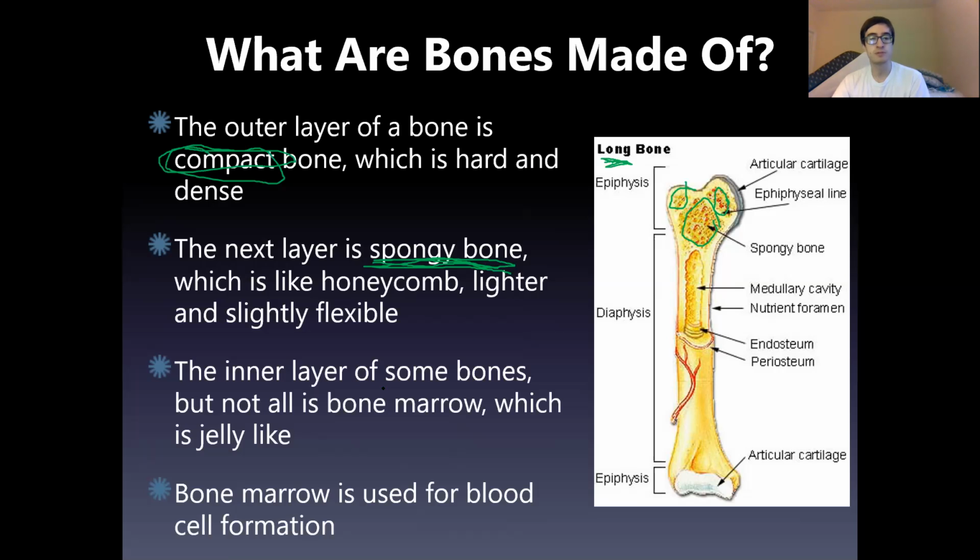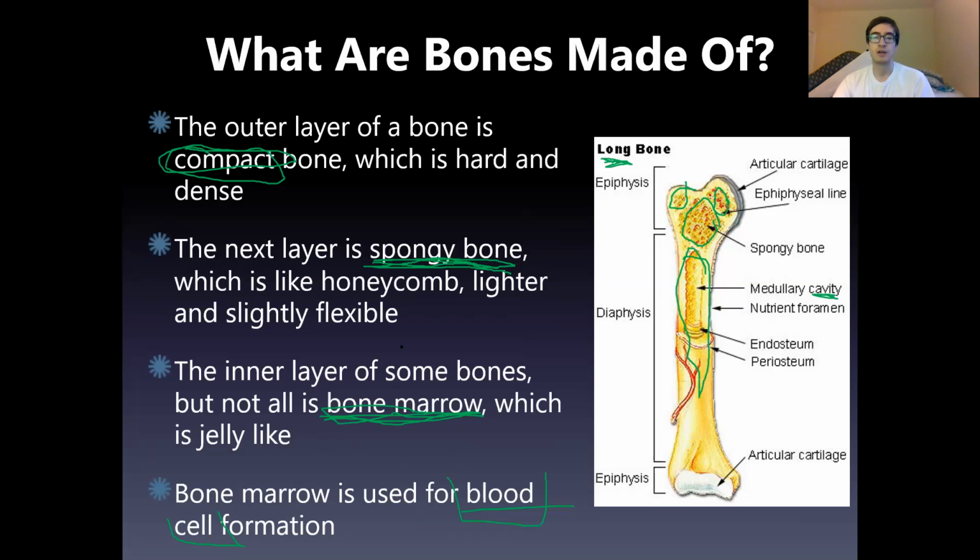And then some bones, especially these long bones, have this cavity right here in the middle where bone marrow is stored. And so bone marrow is what's used to make our blood cells.